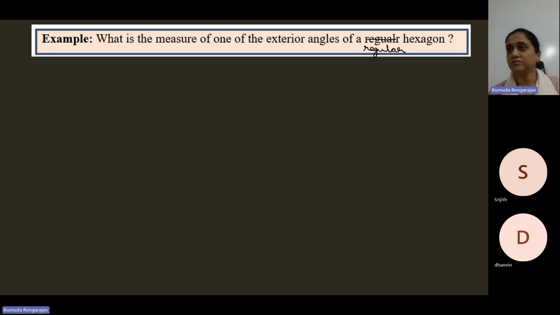Please write the question. You just take your serial numbers. You start with one and continue. You don't have to mention example and all that. Every day's classwork, you start with serial number 1.